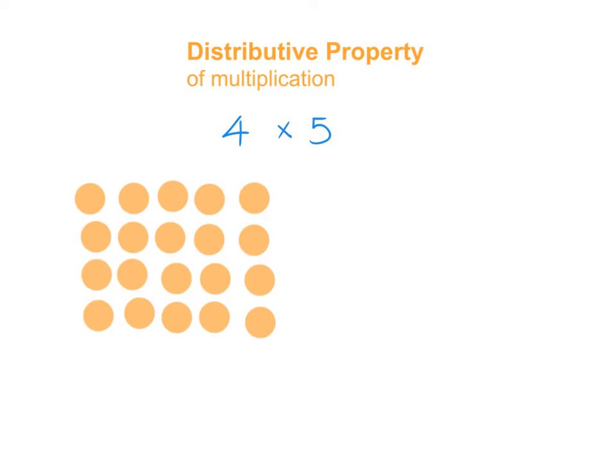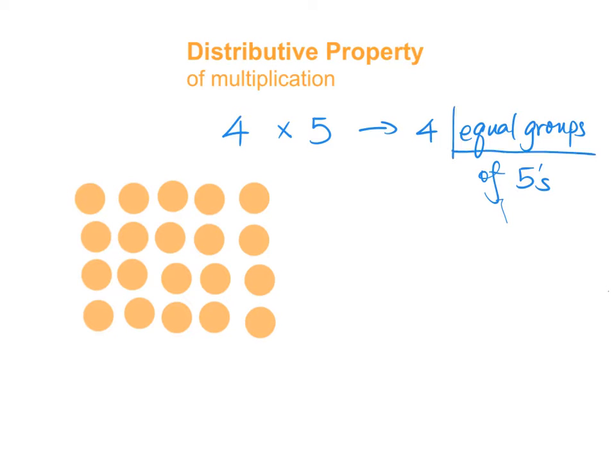So we said 4 times 5 in English, the way we translate it is 4 equal groups of 5s, right? So the really important concept here is whenever we have a multiplication, we see 4 equal groups.